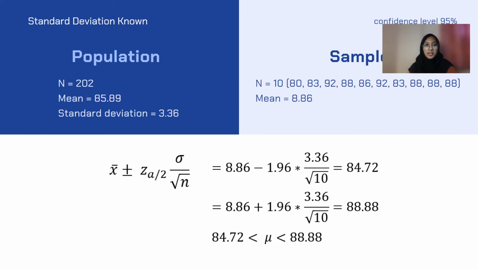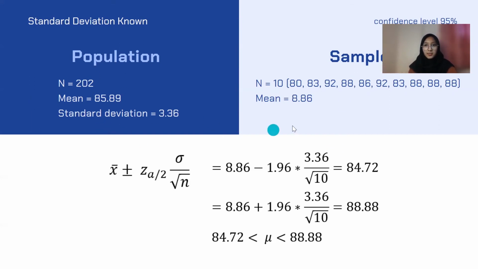The mean is 85.89 and the standard deviation is 3.36. For the sample, I use random sampling here with 10 data points, and this is the sample that I got, and the mean of these 10 samples is 8.86.